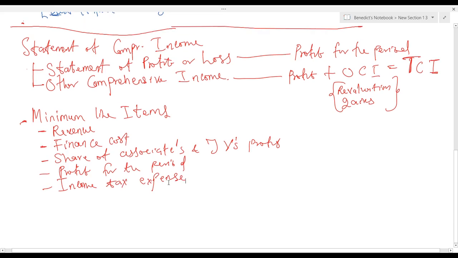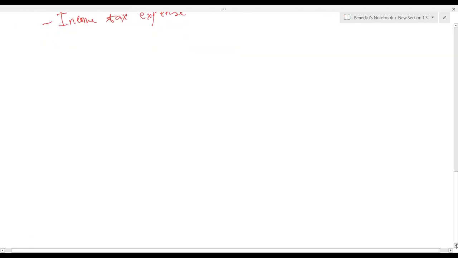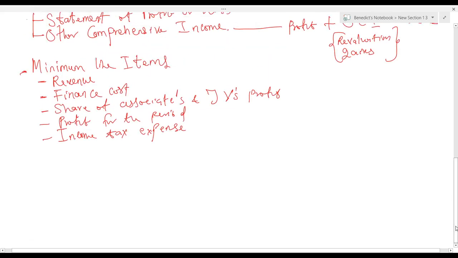Now this means that other than what is stated as a minimum line item, every other item can potentially be aggregated, okay, and presented either by nature or by function. So all this means is that the rest of the items, which could include things like rent, investment income, distribution expenses, depreciation, depending on the classification of expenses method that the preparer is using, they can be aggregated in one form or the other.